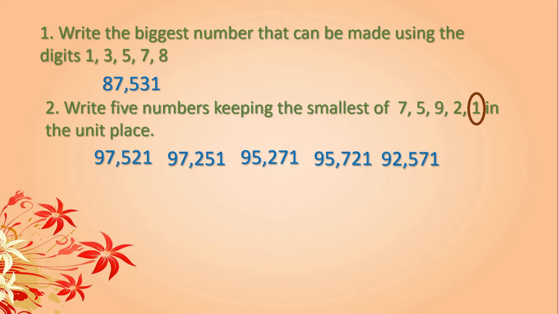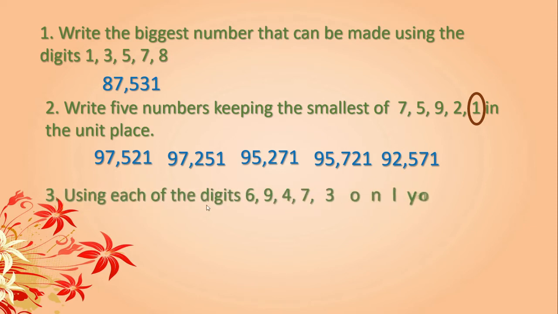Okay. Now we'll move to the third question. Using each of the digits 6, 9, 4, 7, 3 only once, write 6 5-digit numbers. Means we have to make 6 numbers and each number must contain 5 digits. Isn't it?